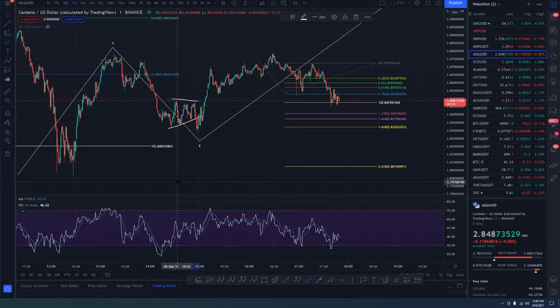So in an ABC, it could be the B wave. In a WXY, it can be the X wave. Or in an impulse, it can be the 4th wave.